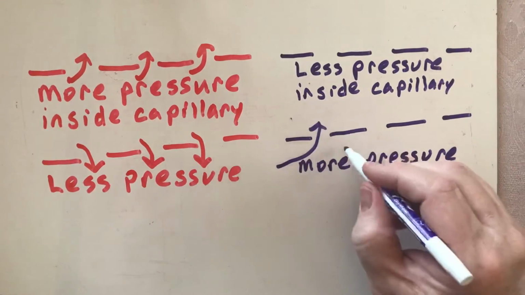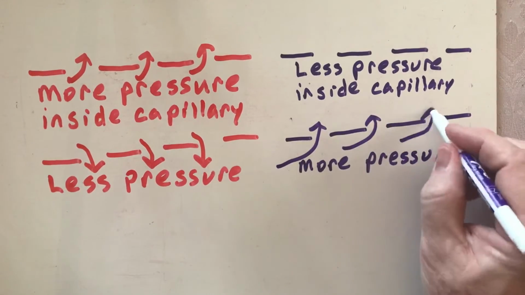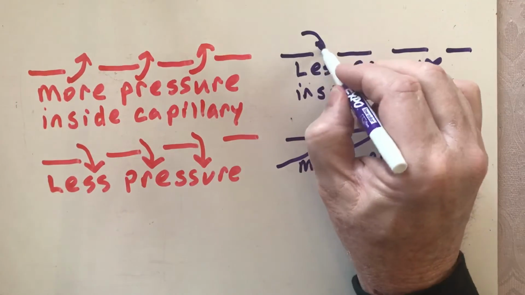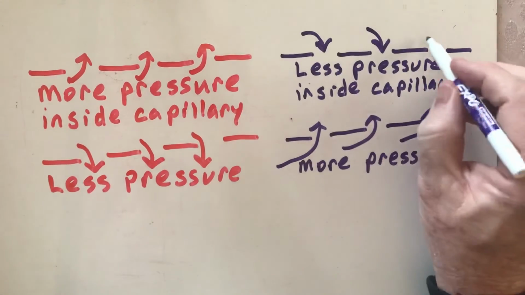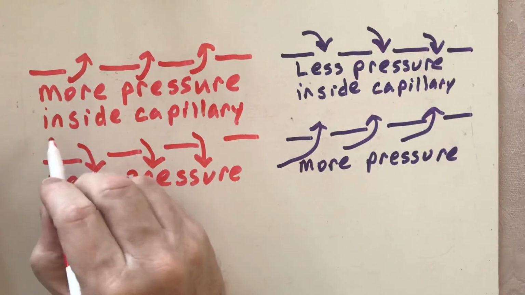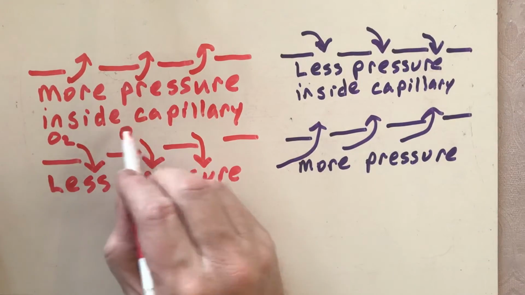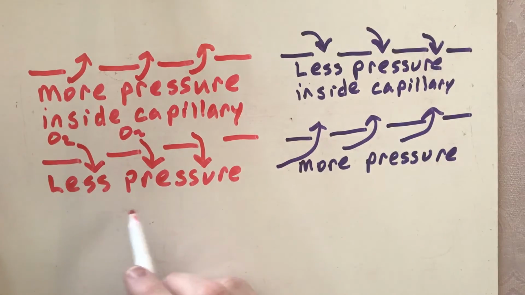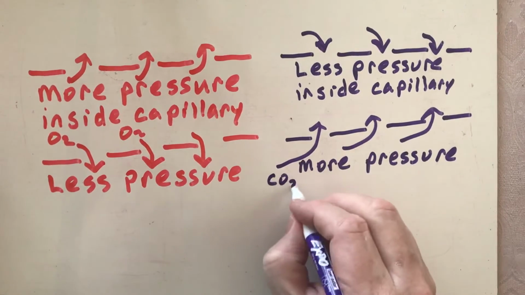In this case, because there's less pressure, we have materials enter the bloodstream so that they can be brought up to the heart or the lungs or wherever. So let's just use this as oxygen, for example. We have oxygen in our blood, it comes out and goes into the surrounding tissues and into cells. And over here, for example, we'd have carbon dioxide.